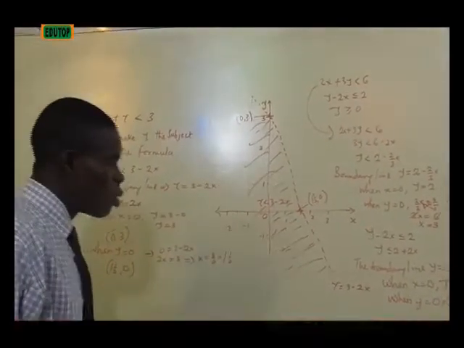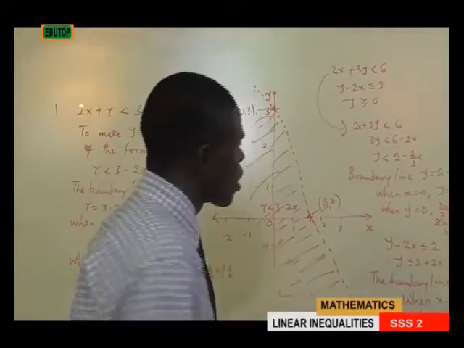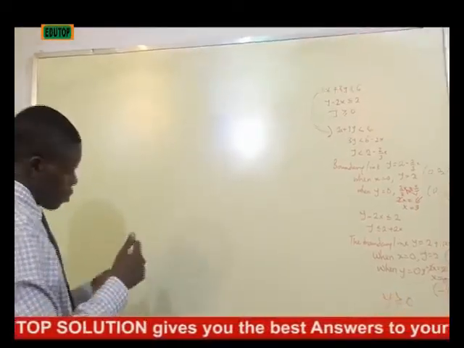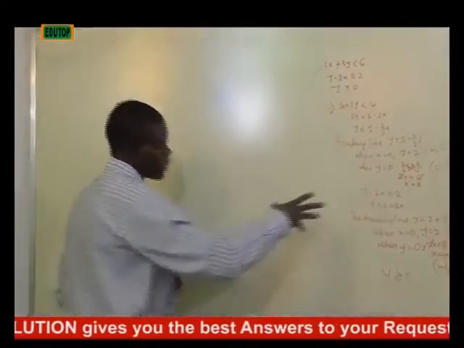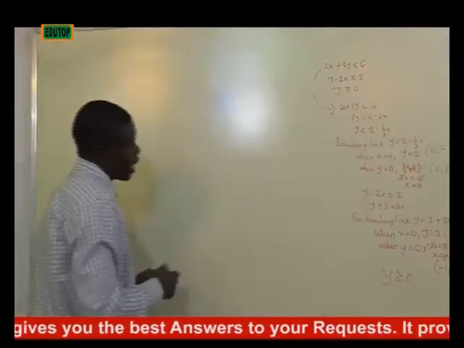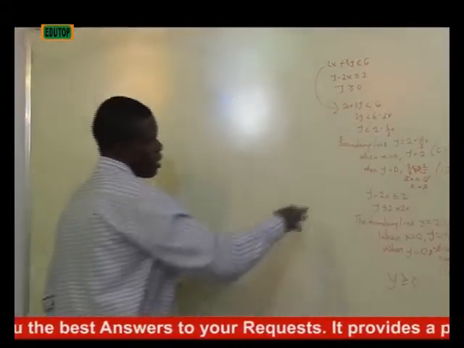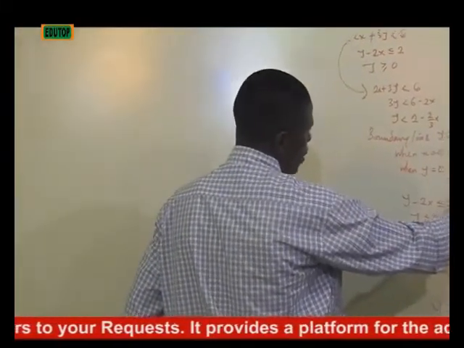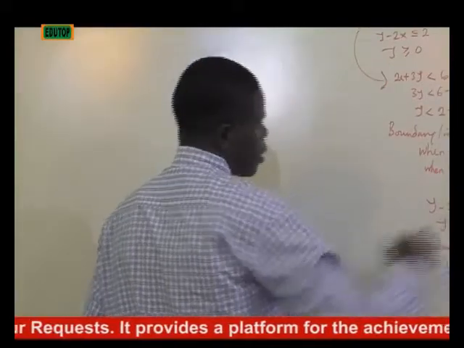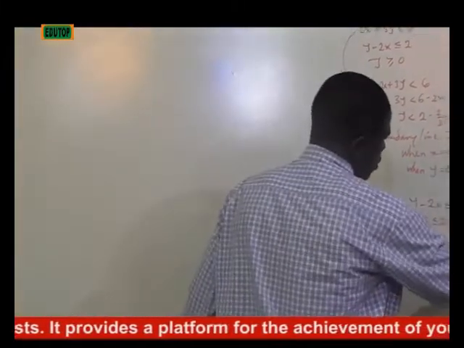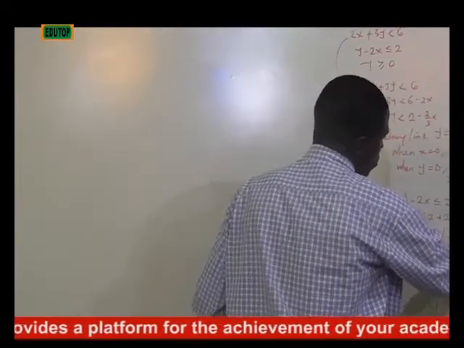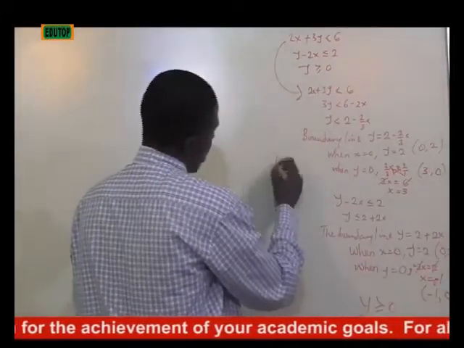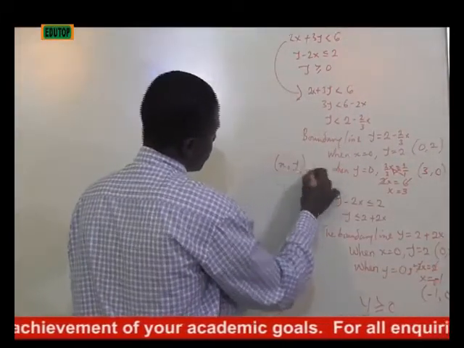So by so doing, let's now sketch our graph. Now we are to make use of the coordinates to sketch our graph. We have 0, 2, and 3, 0, because x comes before y. That's the way we have x and y coordinates.